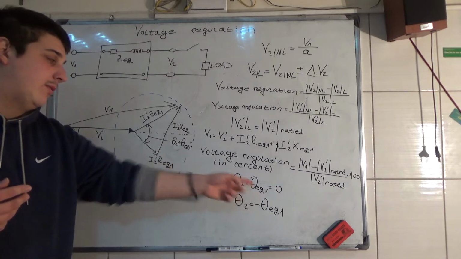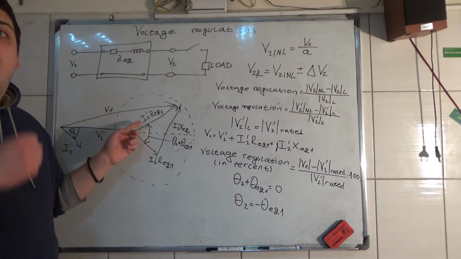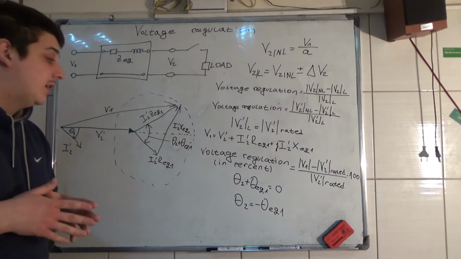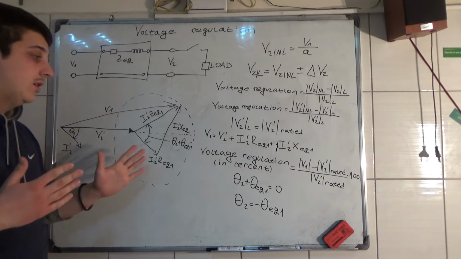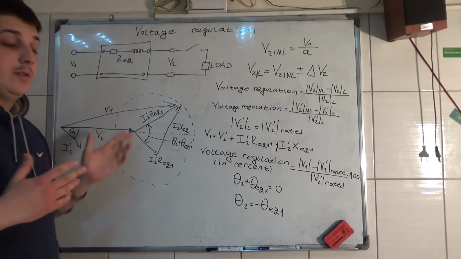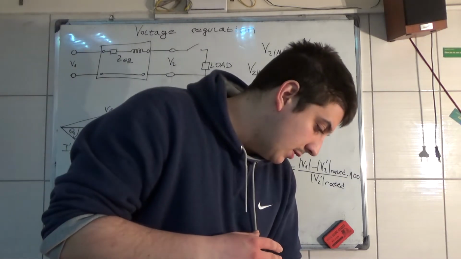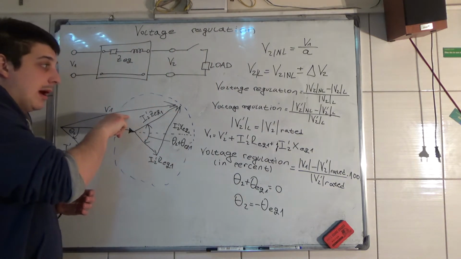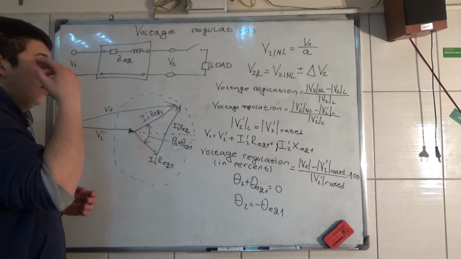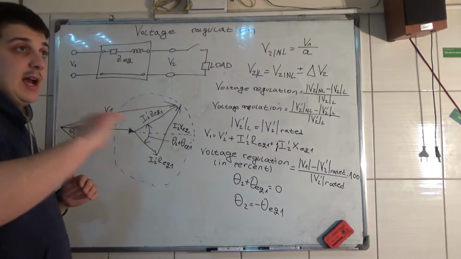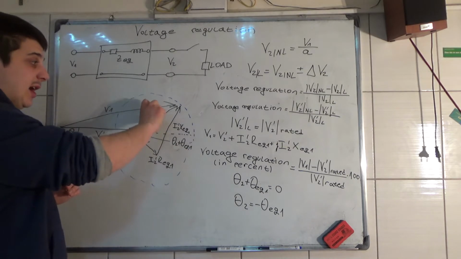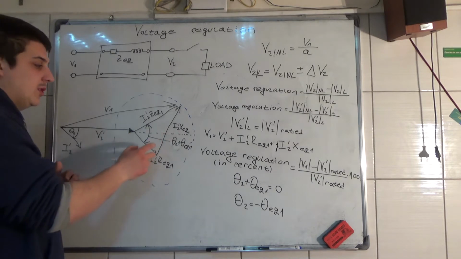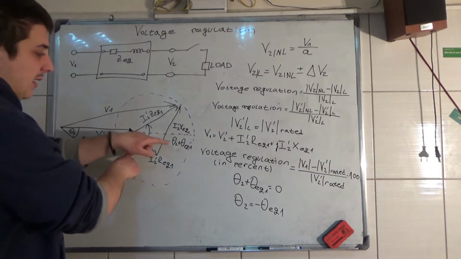Now, theta equivalent 1 is the phase of the internal impedance, and if you want this V1 to reach its magnitude as high as possible, then this I2 Z equivalent must be in phase with V2.